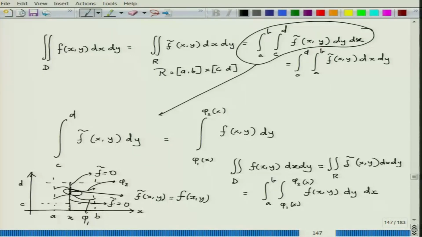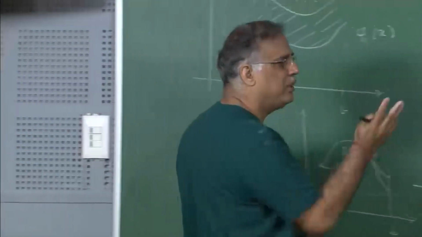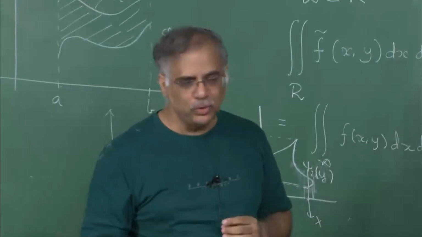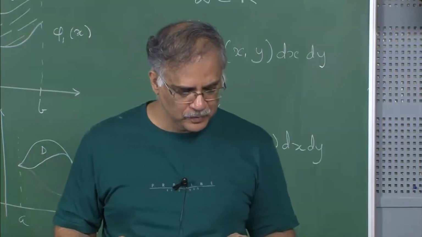Why should you try both ways? Suppose you have a type 3 region where you can express it both as type 1 and type 2. Sometimes, if you take it as a type 1 region it is difficult to compute the integral, but if you take it as a type 2 region, it becomes easier to compute the integral. That is the kind of thing that might just happen.